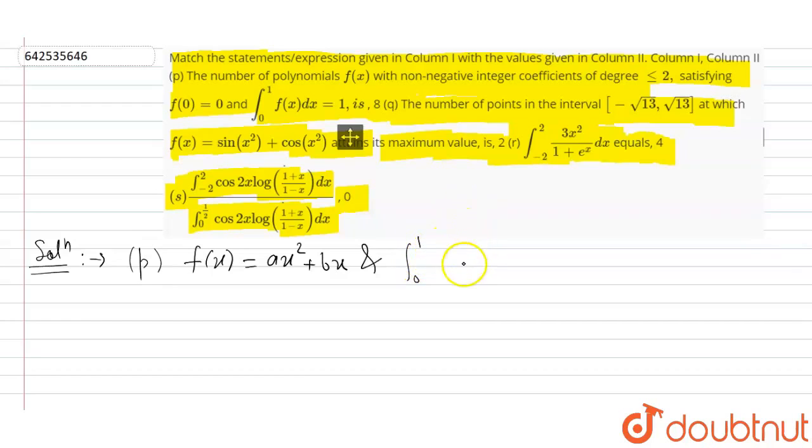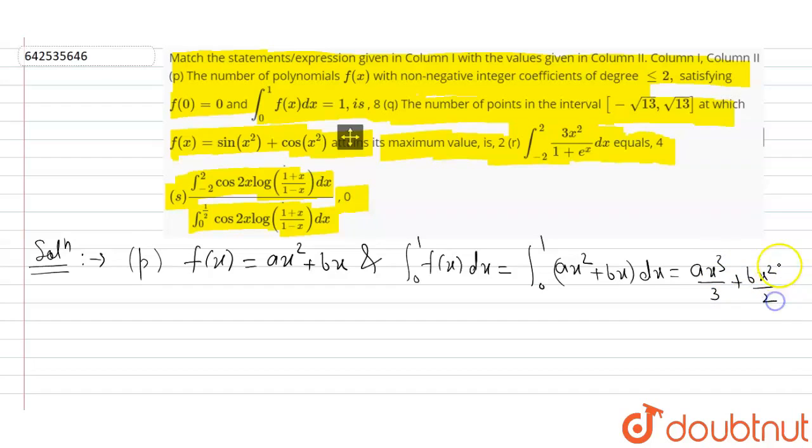So if we integrate f(x) from 0 to 1, we will get the integral from 0 to 1 of ax square plus bx dx, that would be equal to ax cube by 3 plus bx square by 2, and the limit is from 0 to 1. That will give us a by 3 plus b by 2, and according to the question this value is equal to 1.